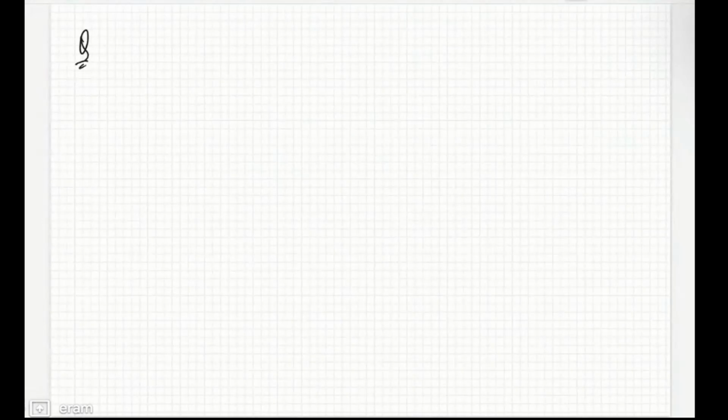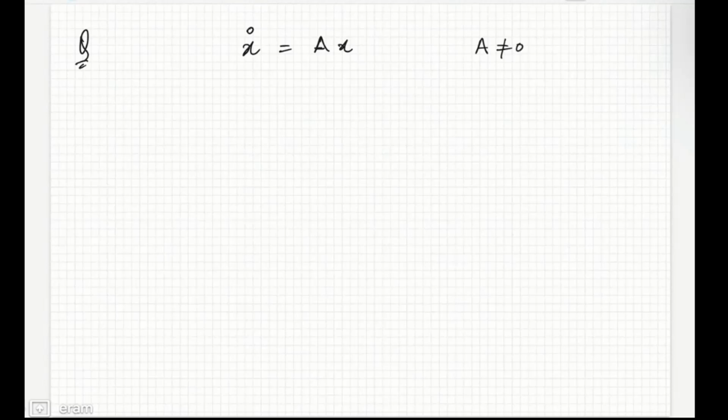If you understood, tell me how many equilibrium points we have for this type of system, a linear autonomous system, with A not equal to 0. What values will qualify as equilibrium points?